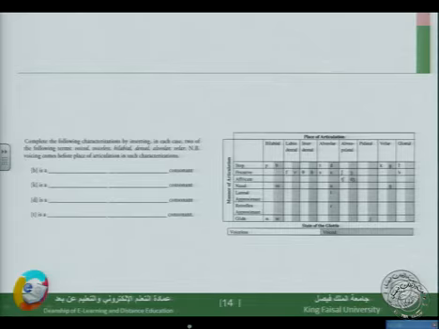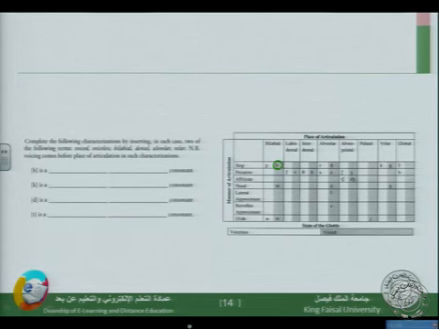Complete the following characterization by inserting in each case two of the following terms: voiced, voiceless, bilabial, dental, alveolar, velar, and so on. Voicing comes before a place of articulation in such characterizations. Anyway, so let us start with B, for example.